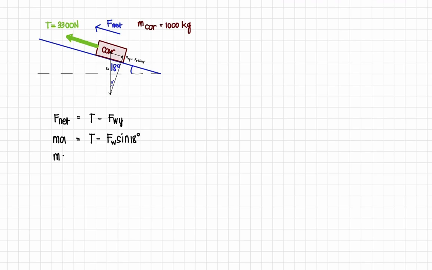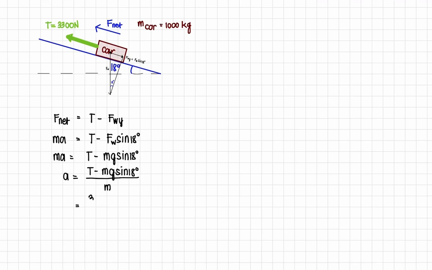So again, MA equals tension minus, what is FW? That's the weight, that's mass times acceleration due to gravity, sine of 18 degrees. We're not looking for the tension, we're looking for acceleration. So acceleration is equal to tension of the rope minus the mass of the car times the acceleration due to gravity, sine of 18 degrees, divided by m. So what is tension?